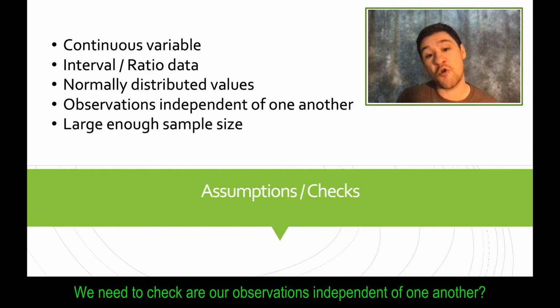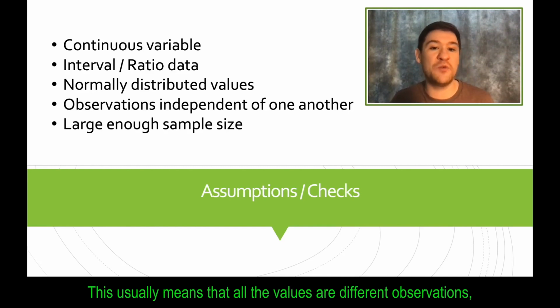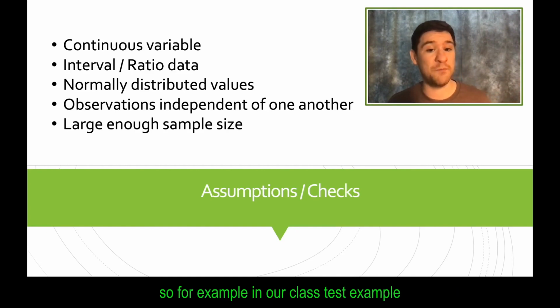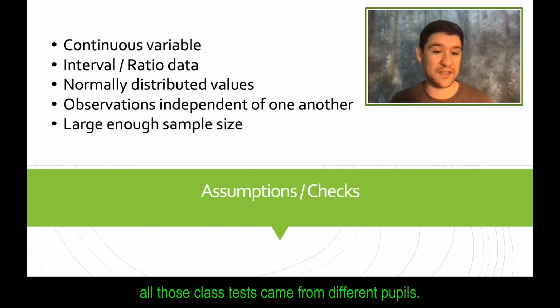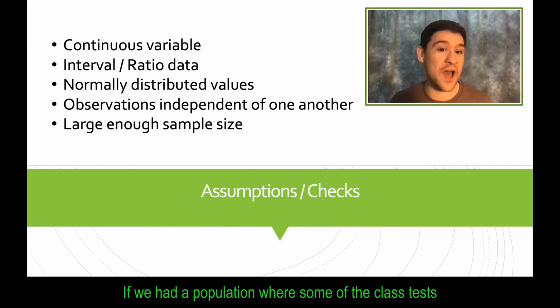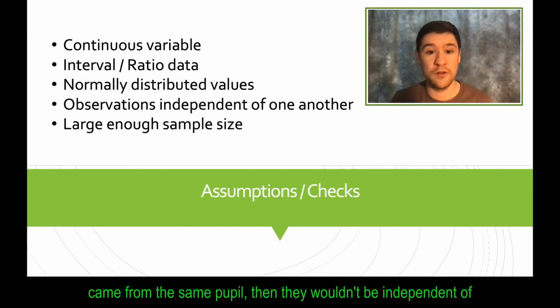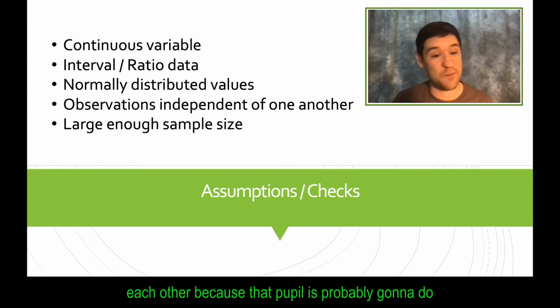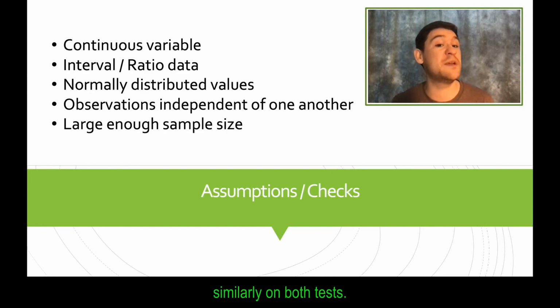We need to check, are our observations independent of one another? This usually means that all the values are different observations. For example, in our class test example, all those class tests came from different pupils. If some of the class tests came from the same pupil, then they wouldn't be independent of each other, because that pupil is probably going to do similarly on both tests.